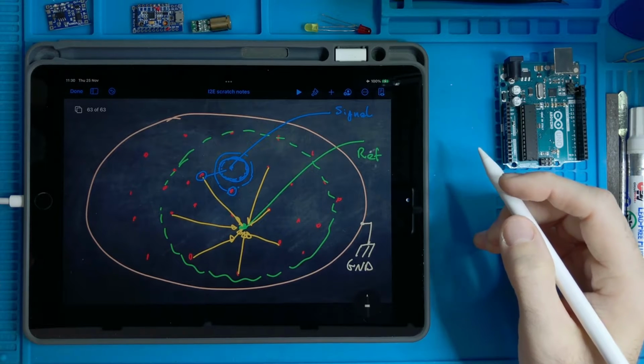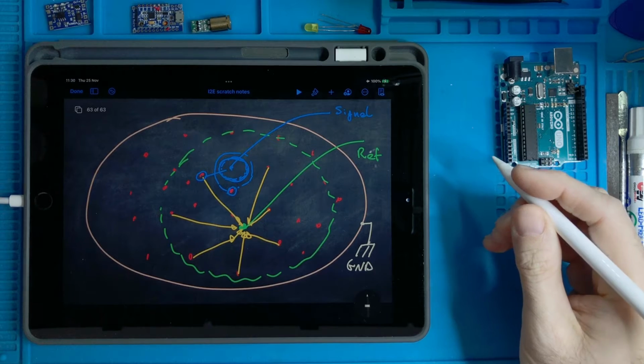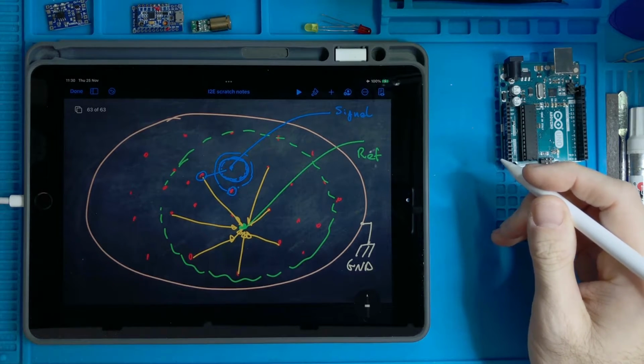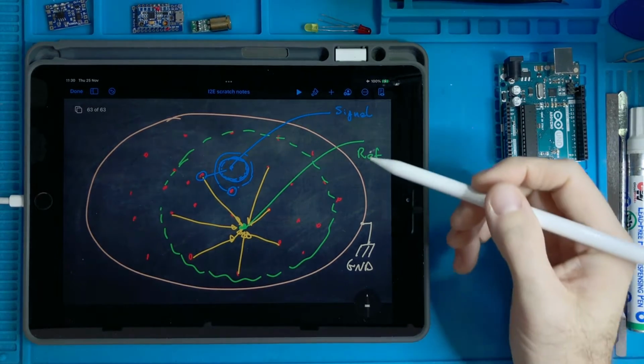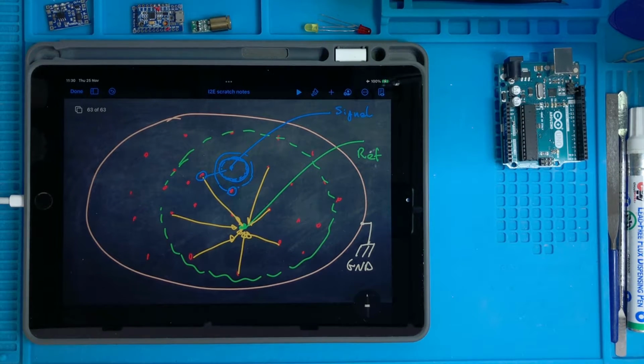That might be true, but you have to be aware that maybe by doing so you are not recording what you are supposed to record, because of course if you put everything to ground, also the signal, you short circuit to ground, then you have zero. And then you say, okay, there is no noise. Yes, true, but there is also no signal. And so you have to be careful about this.